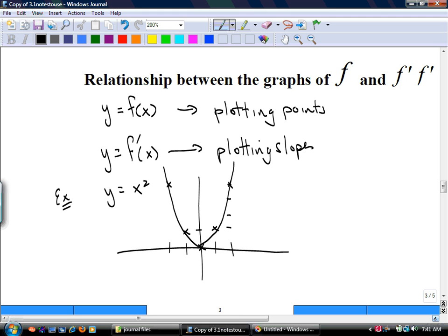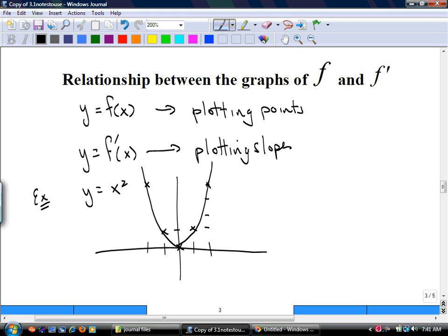Okay. The derivative of this, so if I say the function is x squared, its derivative is 2x. It's earlier in your notes. You can go look and see that it is.